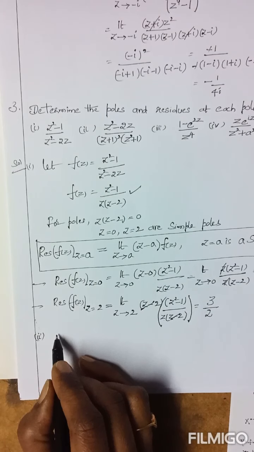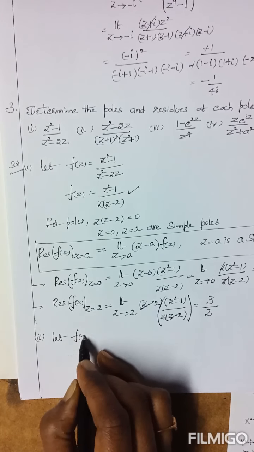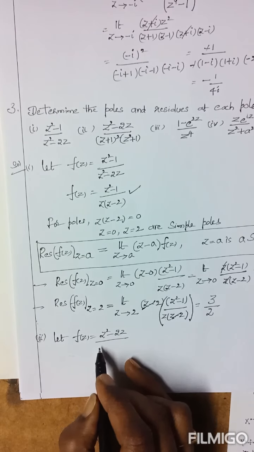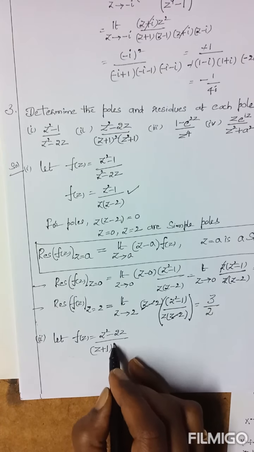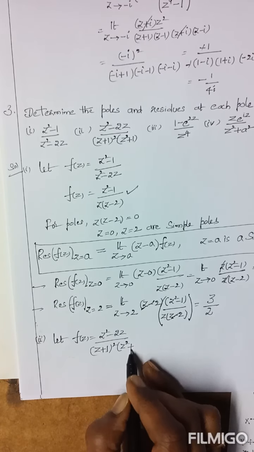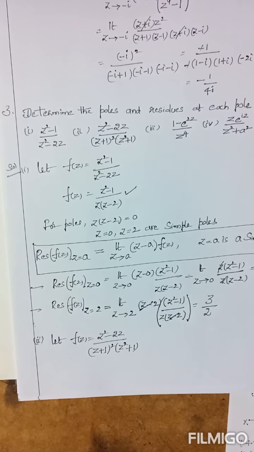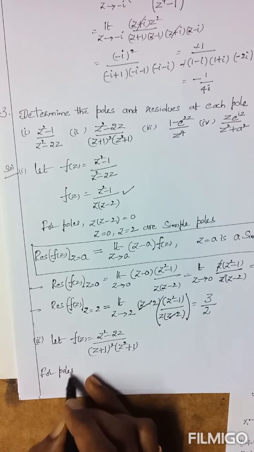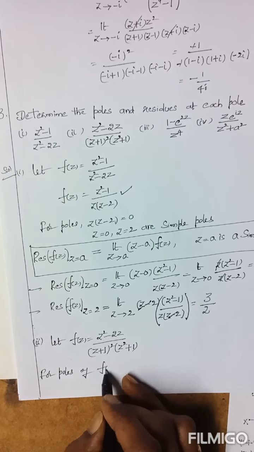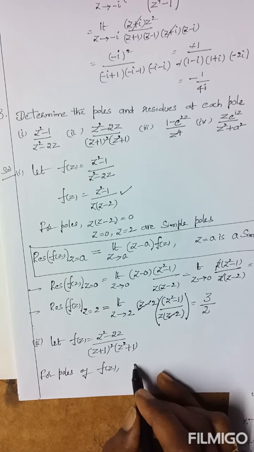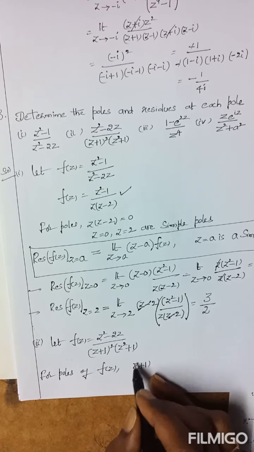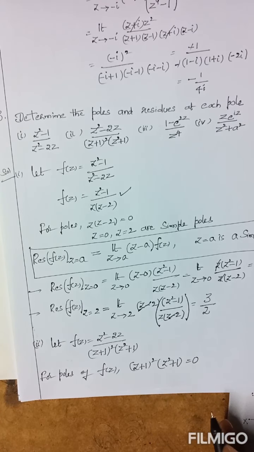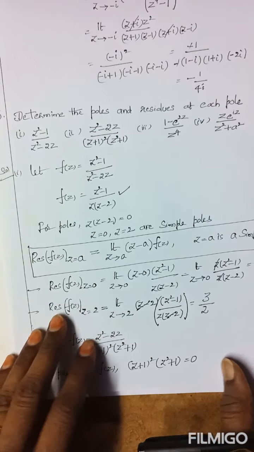Second question. The second function is defined in terms of z, so its name can also be taken as f of z. f of z equals (z square minus 2z) by (z plus 1) whole square (z square plus 1). Now for poles of f of z, equate the denominator to 0. Now equate each factor to 0.